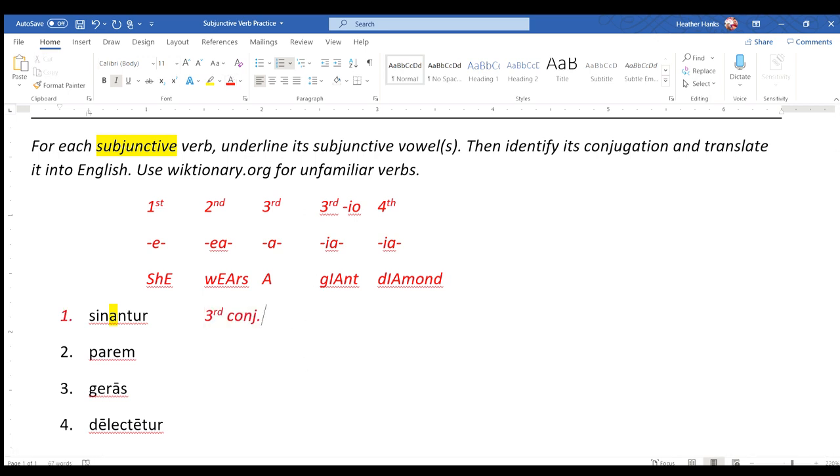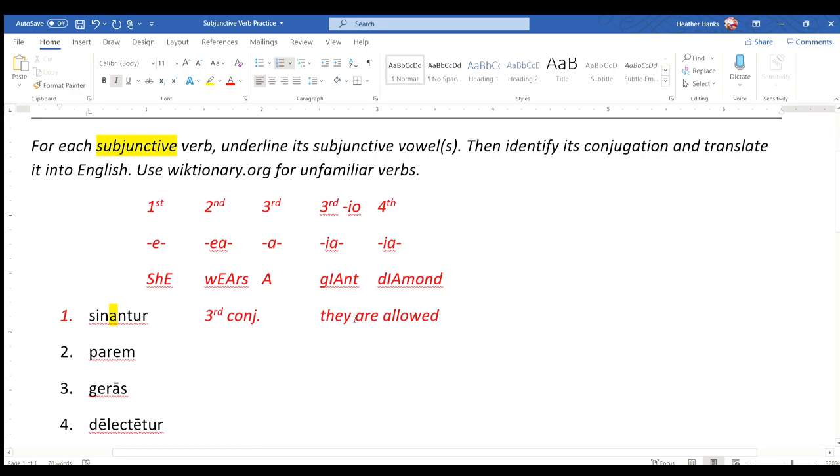I'm already part of the way done with this because I know that the ending, ntur, I said it's a third person plural, so it's got to be they. I said it's passive, not active, and sino is to allow. It's not going to be they allow, it's going to be they are allowed, because it's passive voice.